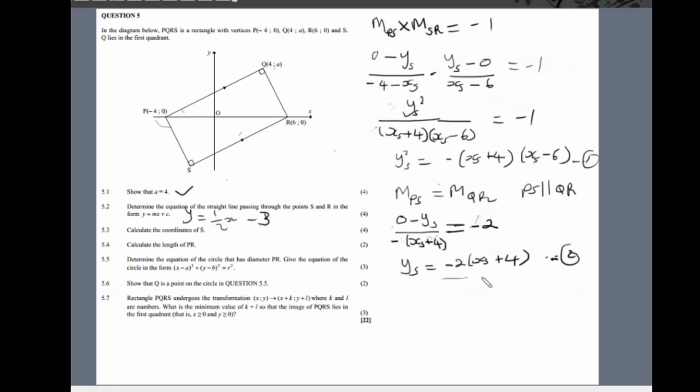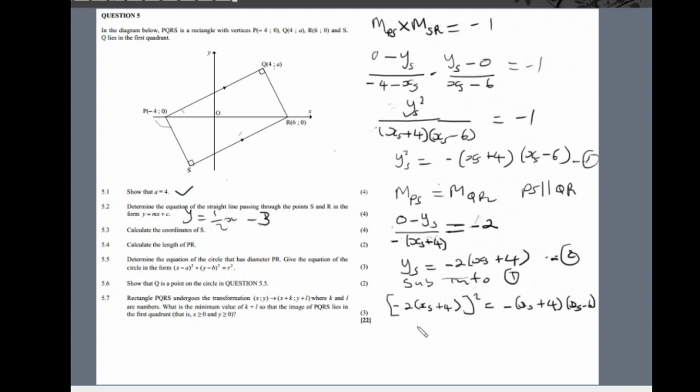So substituting this into equation 1, I'll get minus 2 times xs plus 4, all squared, is equal to minus xs plus 4 xs minus 6, right?